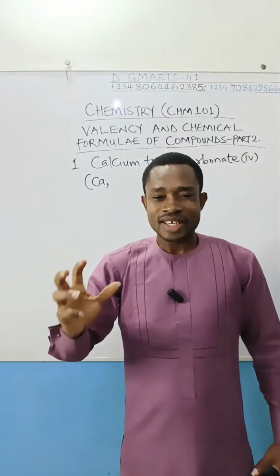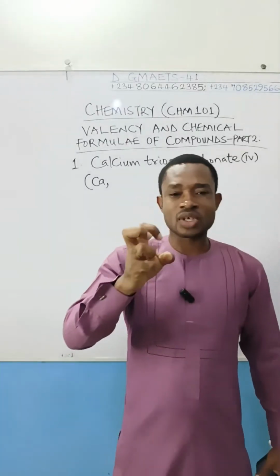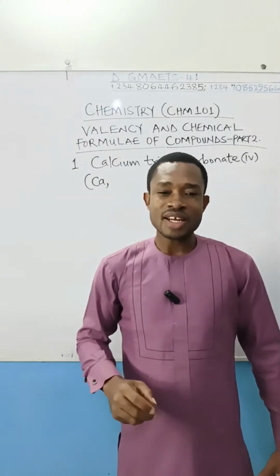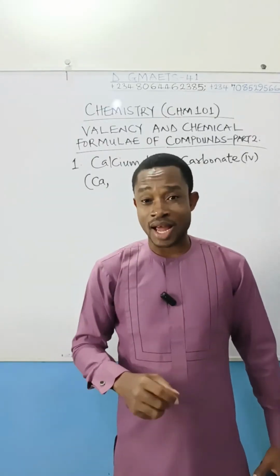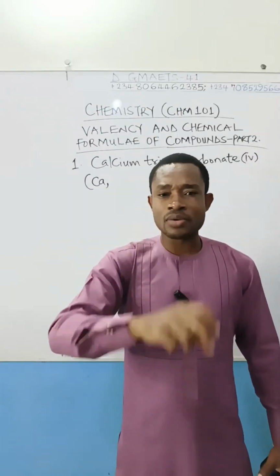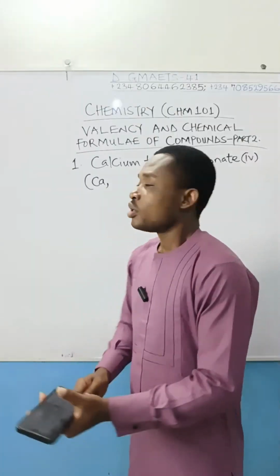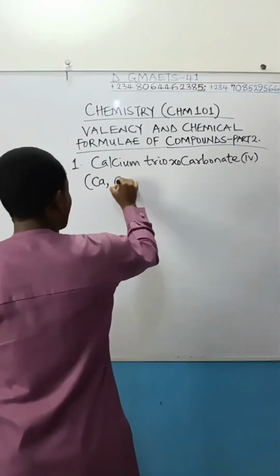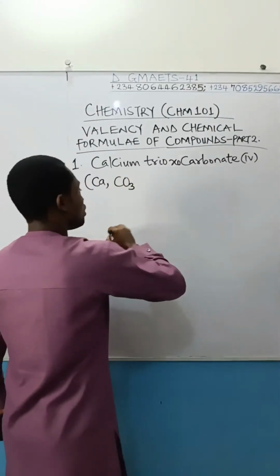Are you following, right? Then the other one, put them together as radicals. That is why I taught you common radicals. And for those of you that have been following our classes, you have the list of common radicals already in your notes. So the trioxocarbonate, the radical is CO3.